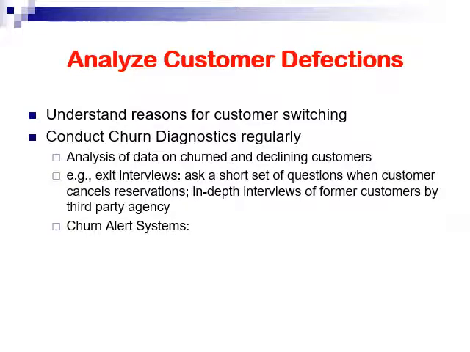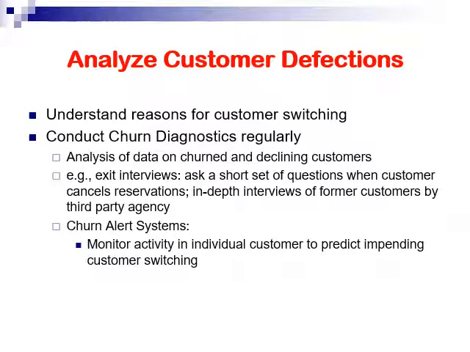Churn alert system. These are typical examples of proactive measure. You have to monitor the activities of individual customers to predict impending customer switching. If you're able to identify those impending customer switching, then you can proactively do some kind of action to prevent that kind of customer switching.